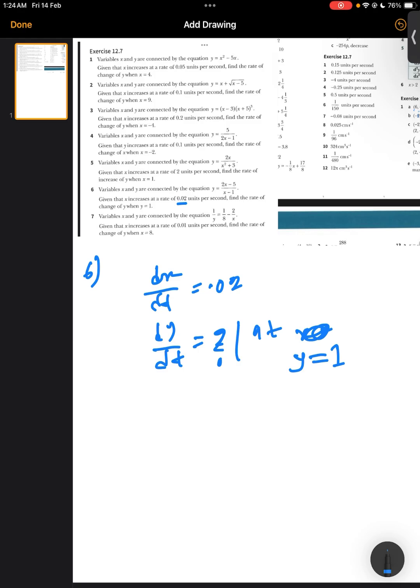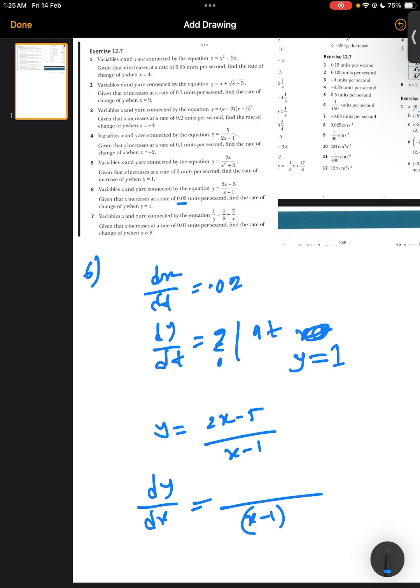At y equal to 1, no problem. So the equation is given as y is equal to (2x minus 5) over (x minus 1). Y equal to 1, right? Okay. First thing first, differentiate. (x minus 1) square.